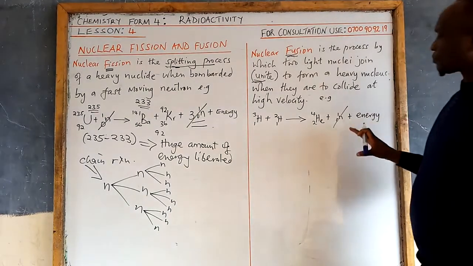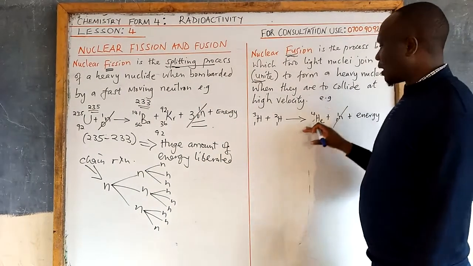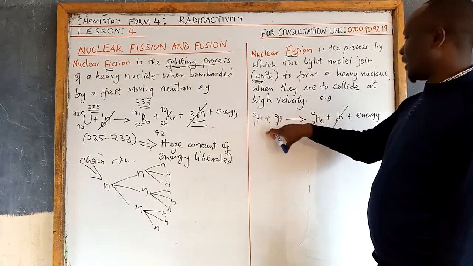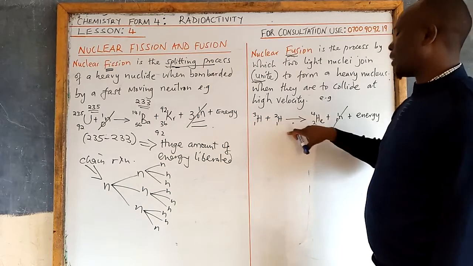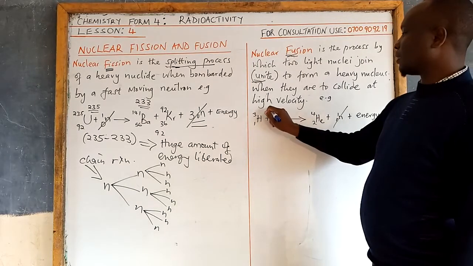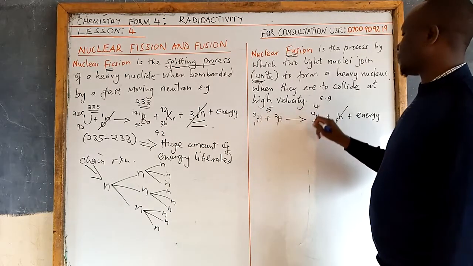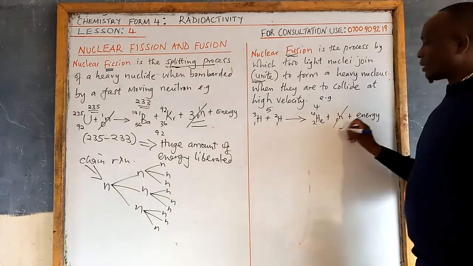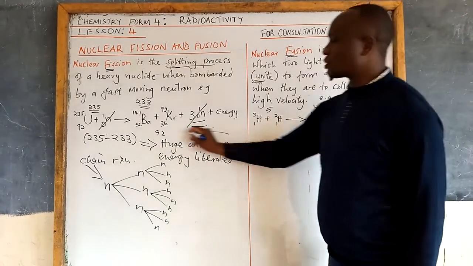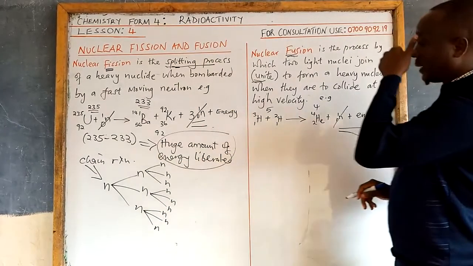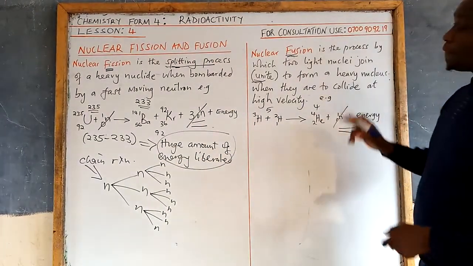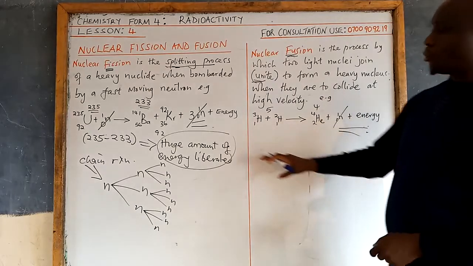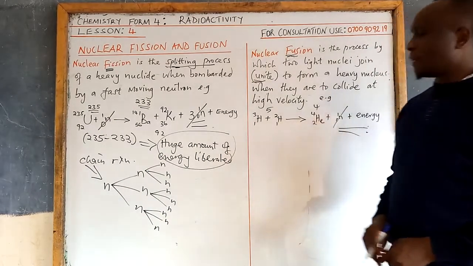Now, if you consider just the elements, the hydrogen and helium, this is 5 and this is 4. So the difference in mass between the elements is what accounts for the huge amount of energy that is liberated. So one similarity between fusion and fission is that in both processes, huge amounts of energy are liberated.